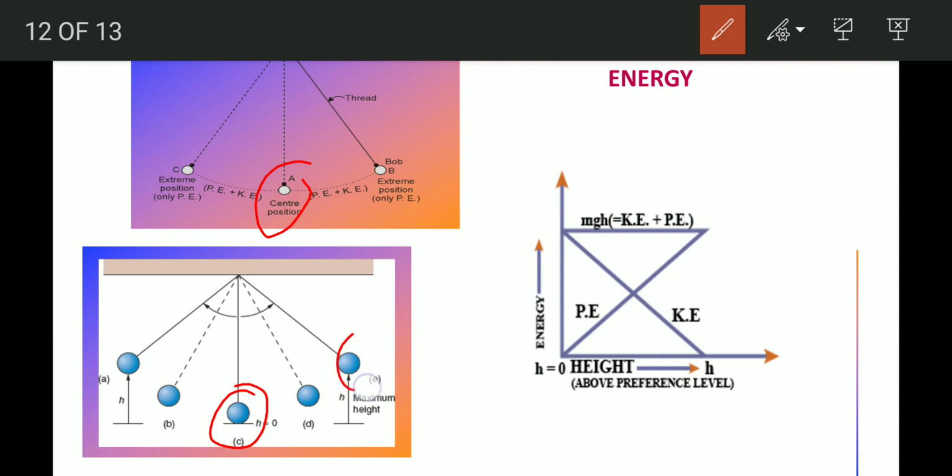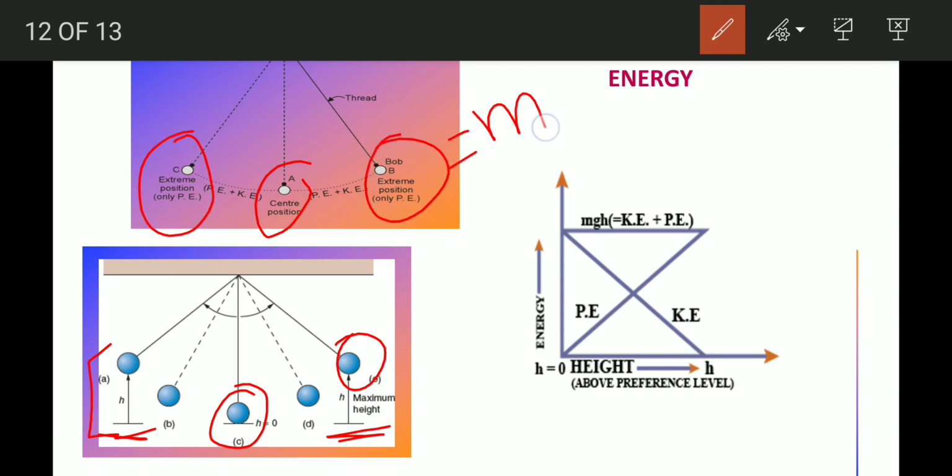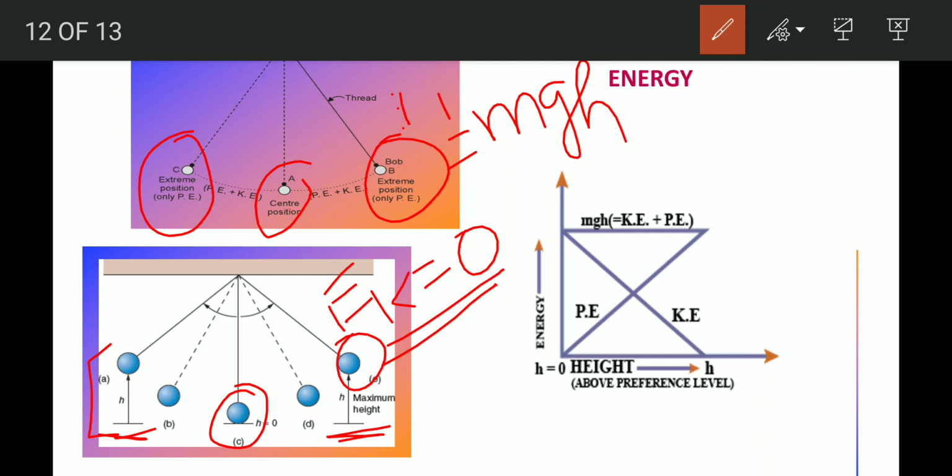But at the maximum height from the reference level, the potential energy will be maximum, which will be equal to mgh. But kinetic energy will be 0 over here. Kinetic energy will be 0 at the extreme position and potential energy will be maximum.